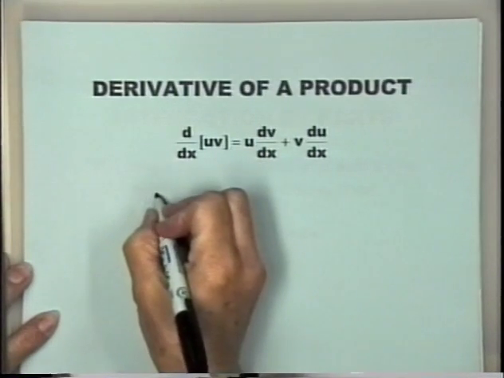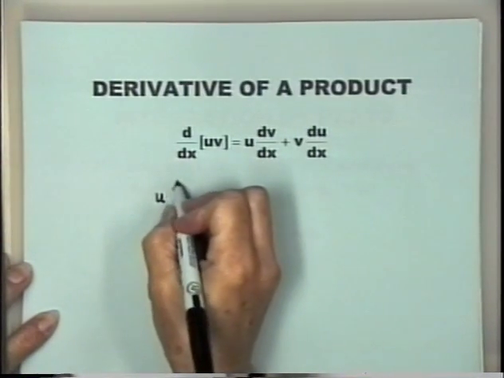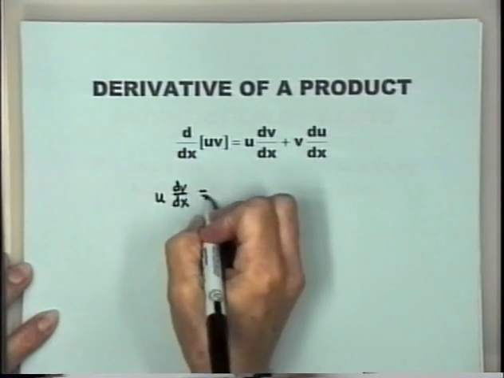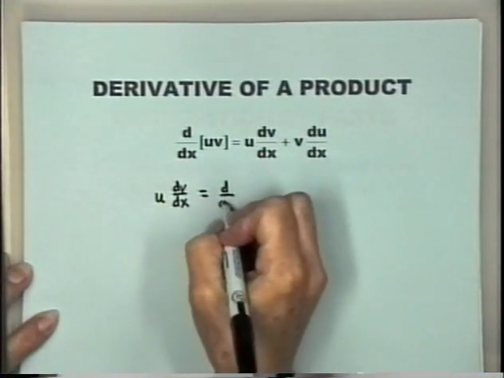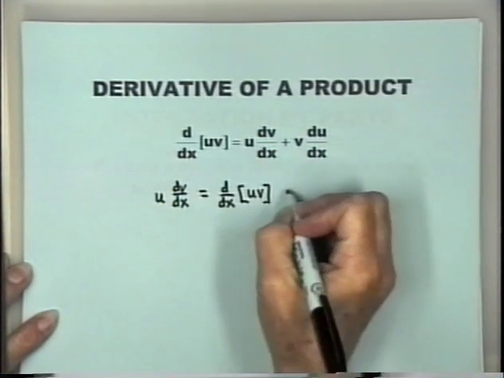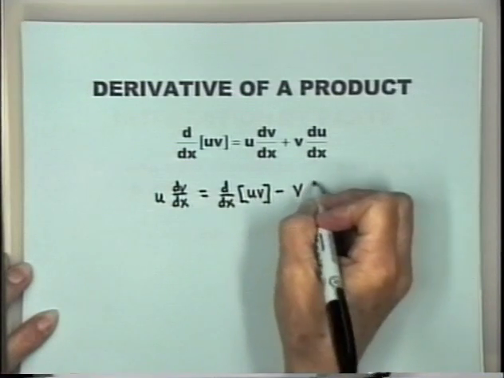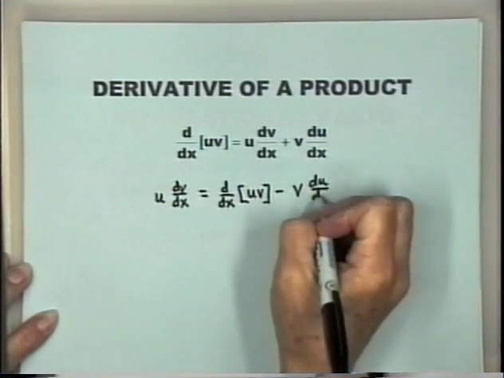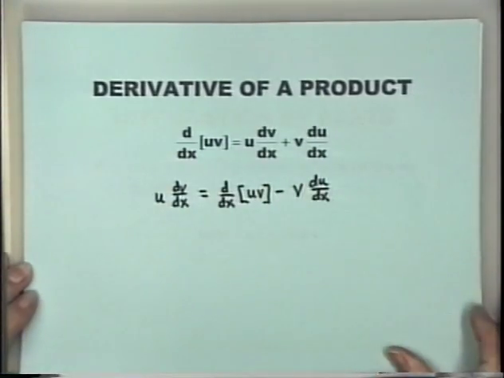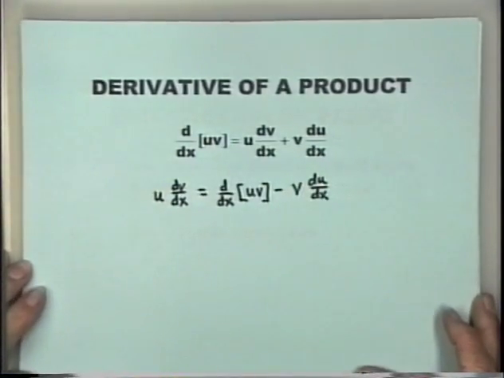So I'm going to write it first: u times dv dx would equal the derivative with respect to x of u times v minus v times the derivative of u with respect to x. I just subtracted this term from this and then just wrote it in a different order here.